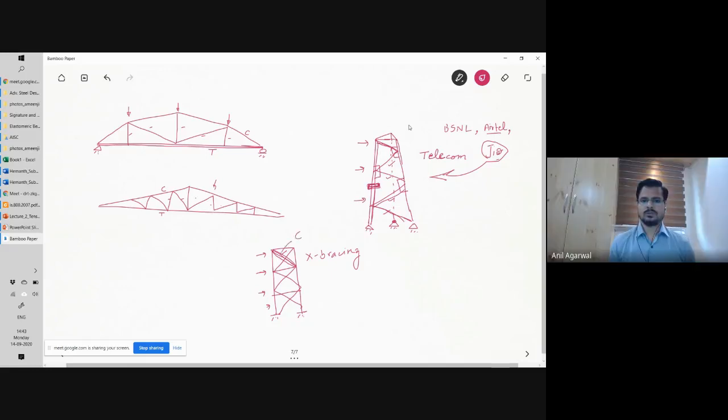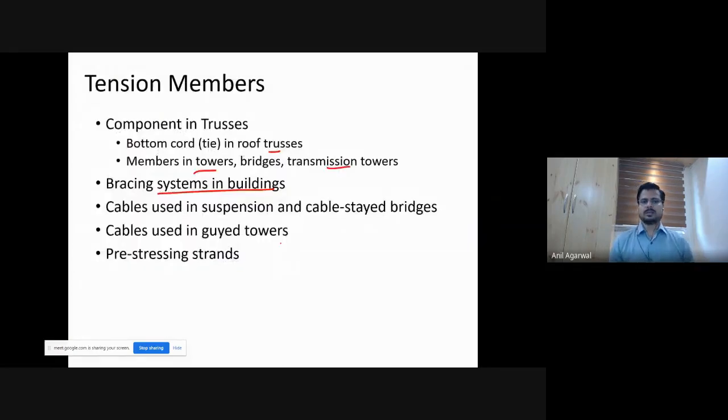Compression, right. So this will be undergoing compression and this will be undergoing tension. In each story, you will have one set of members oriented this way. If the forces are acting this way, these will be in tension, and these members will be in compression. So braces are the other types of members which can be subjected to significant tension.